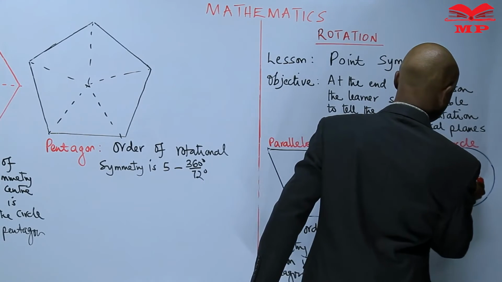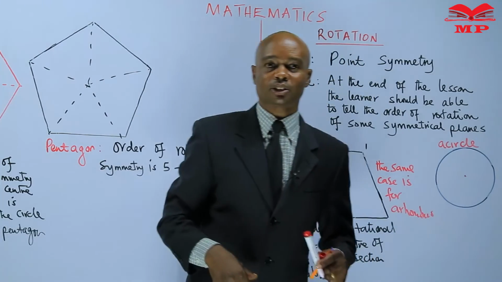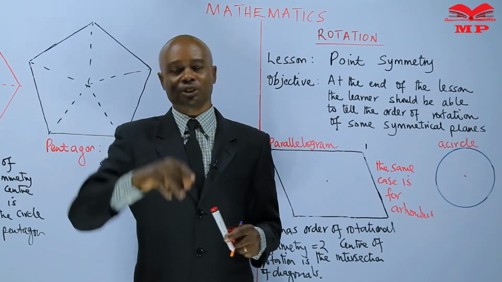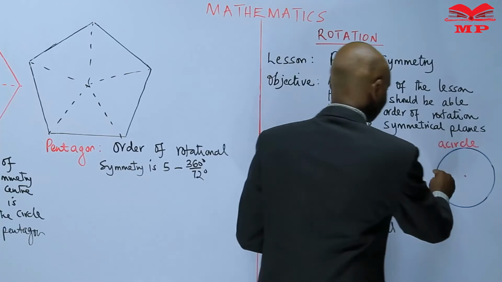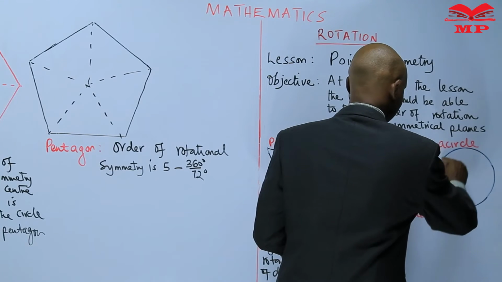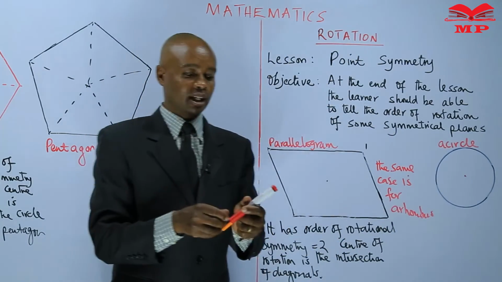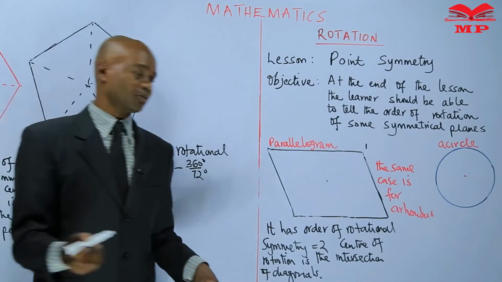For a circle, what you realize, learner, have you ever tossed a circle around? It always comes to fit on itself. However many times you rotate, it will still return to that face. Even if you push a very small degree, it will still come to that circle. So we say a circle has infinite, not countable.